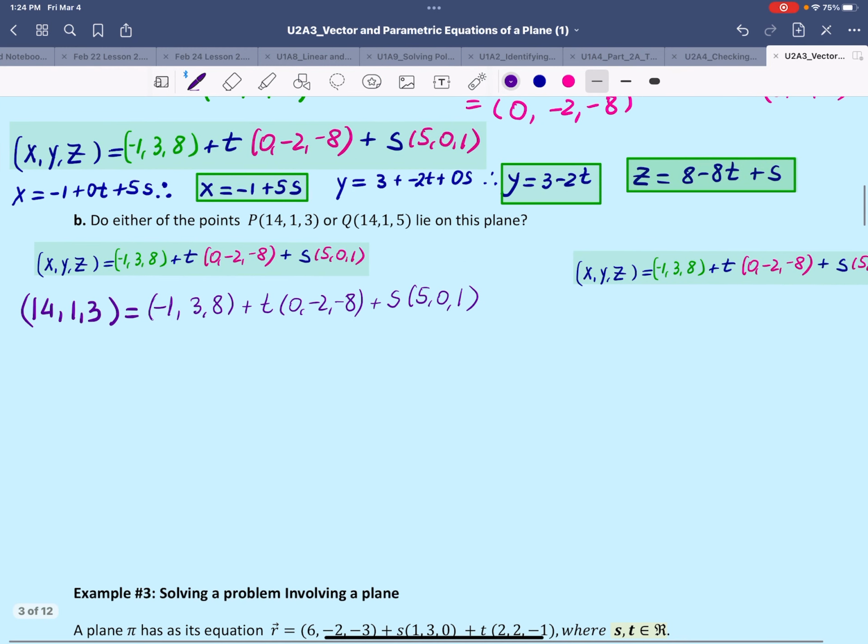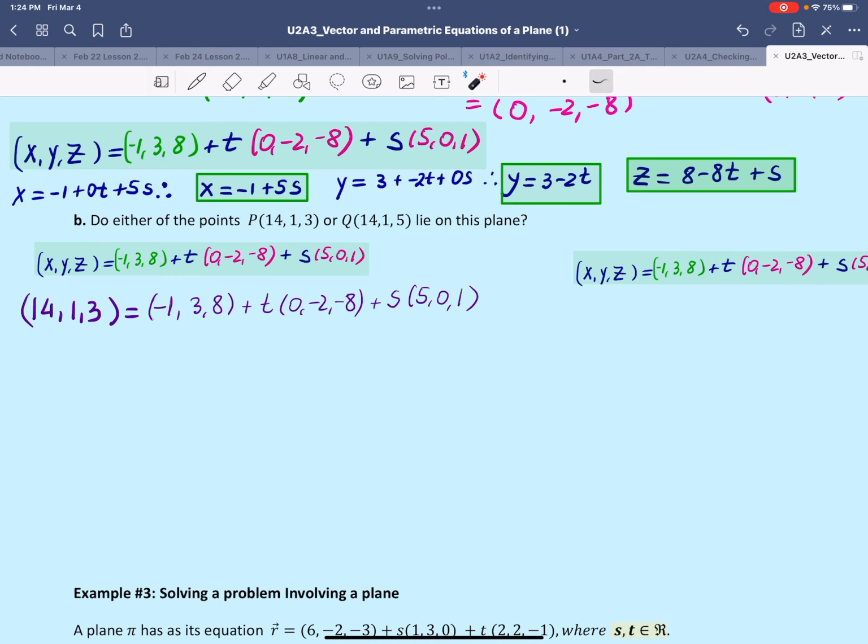So we can use the parametric equations to figure out the t and s values. If we obtain the same t and s values from each and every coordinate, then we would say that the point P fits into the equation.